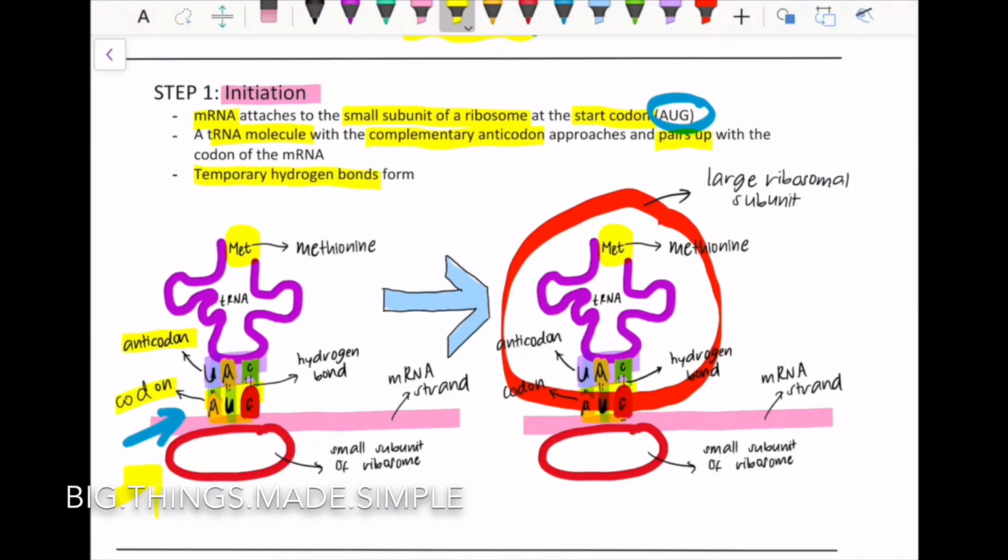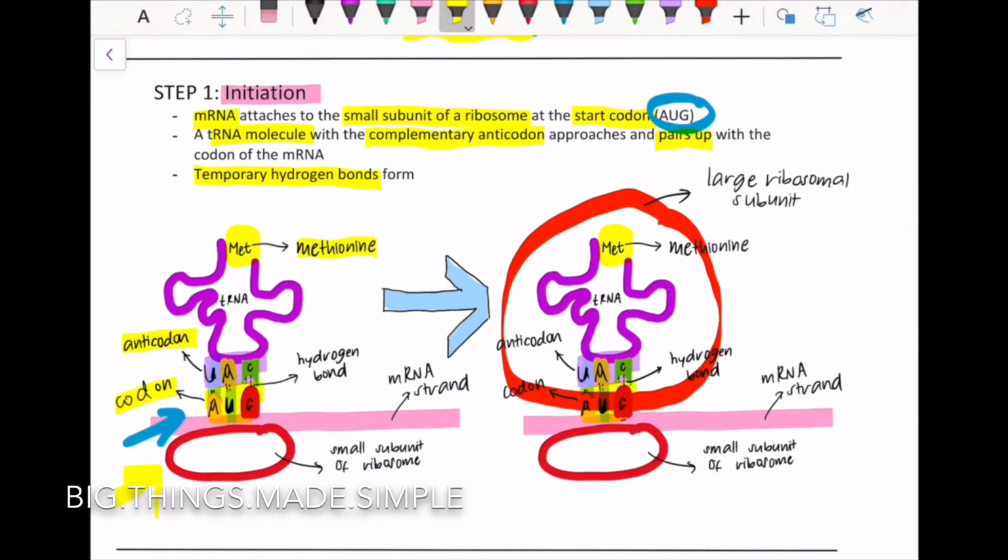The tRNA molecule that corresponds to the start codon will always bring the amino acid methionine. So methionine will always be the first amino acid in any polypeptide chain that we are trying to make.